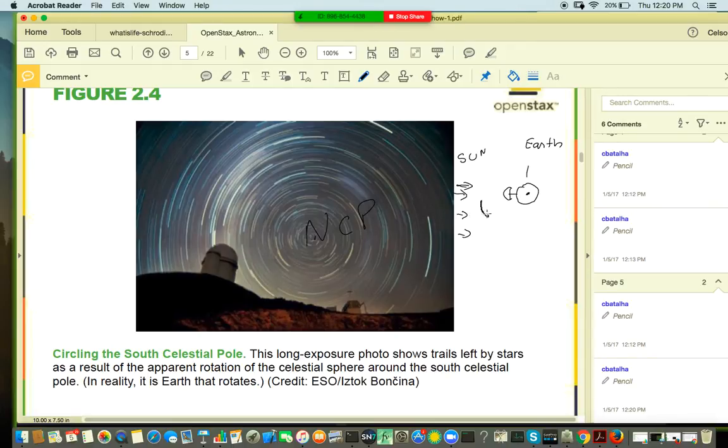So as Earth rotates, 6 hours later, this person is somewhere here. This is noon. This is 6 p.m. And then 6 hours later, more or less, this person has to be at midnight.